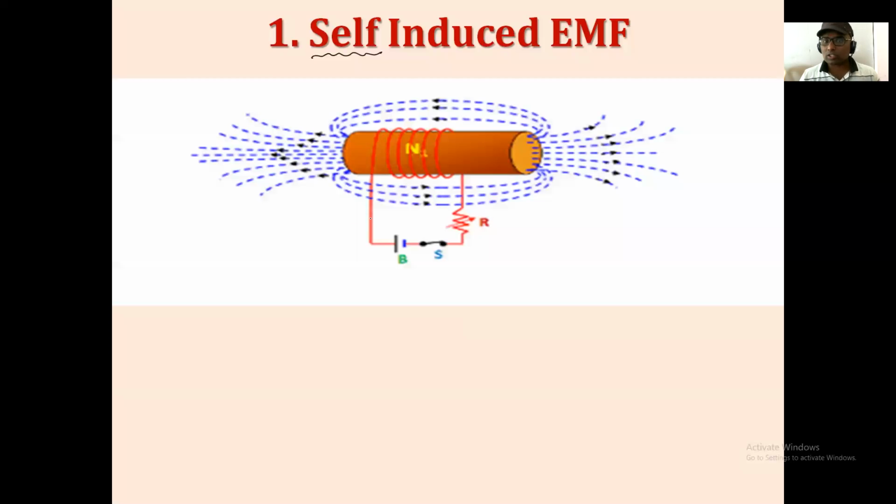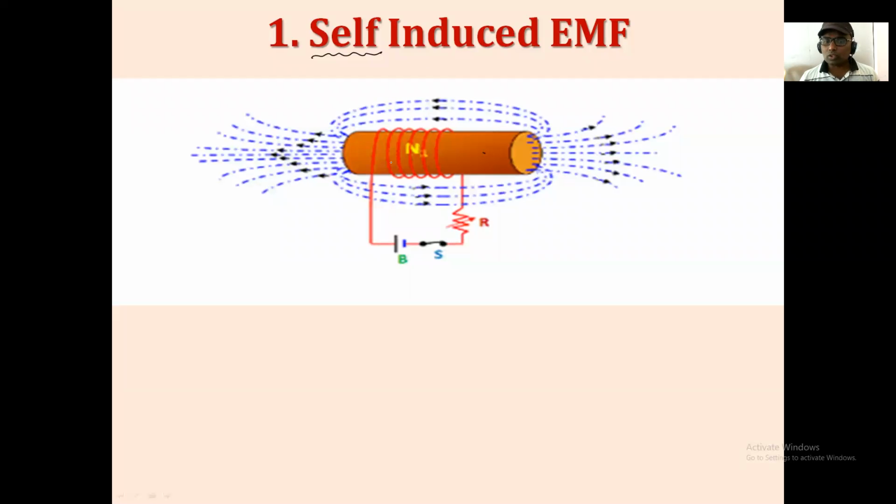Now please try to see here. Let me explain what is meant by self-induced EMF. Please concentrate very carefully, and then you can remember self-induced EMF and understand this thing. Here, the orange color bar is called a hollow cylinder. Have you observed that orange hollow cylinder?